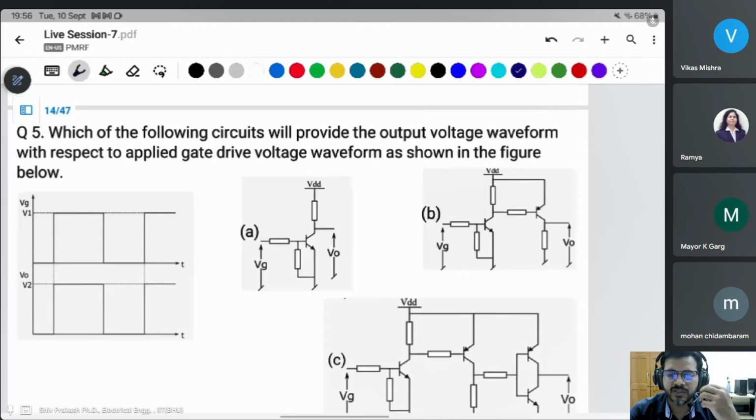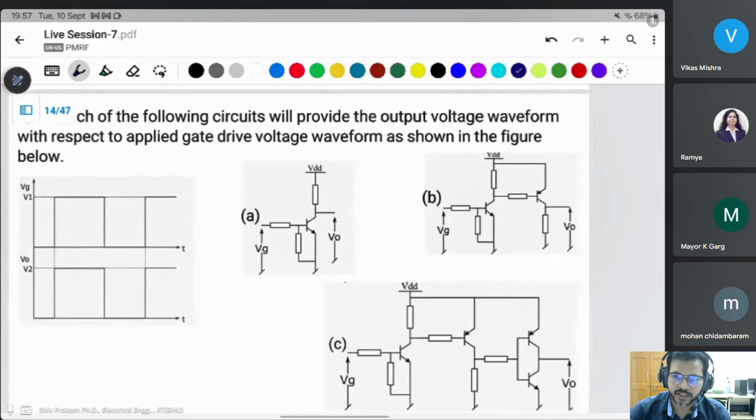It is mostly operated at a maximum of 10 to 20 kilohertz. But in a DC-DC converter, you use 50 kilohertz, 100 kilohertz, and even more than 100 kilohertz, because if you increase the frequency you reduce the size of the converter, which also reduces cost and improves efficiency.